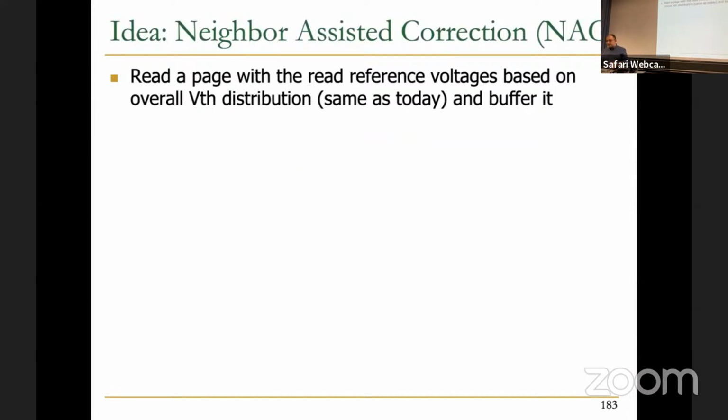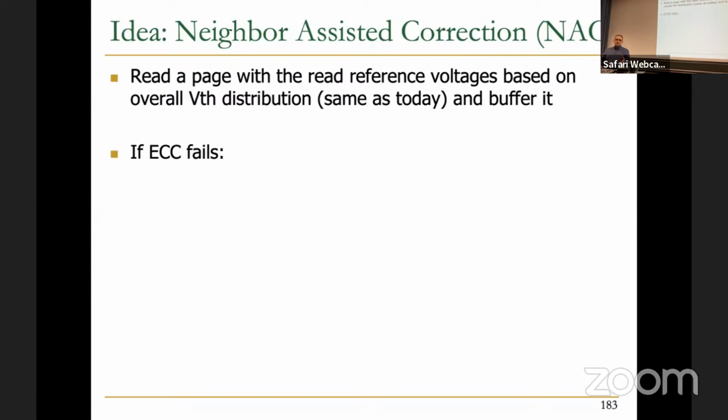But as I said, this is quite costly because you need to apply different reference voltages. I mean, reading from MLC is costly, but now you need to come up with different reference voltages and access your flash page with them. So the idea is that we do that only when ECC fails.